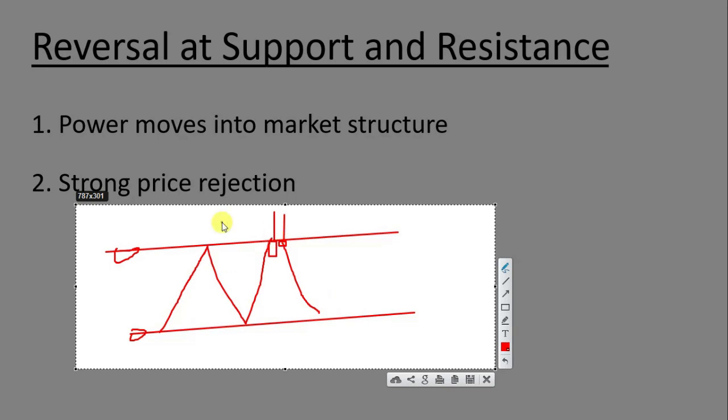So this is called a strong price rejection at the support and resistance area. And this can be here too. Like this is a candle and this is a rejection. So this is a sign of holding the market at this level.